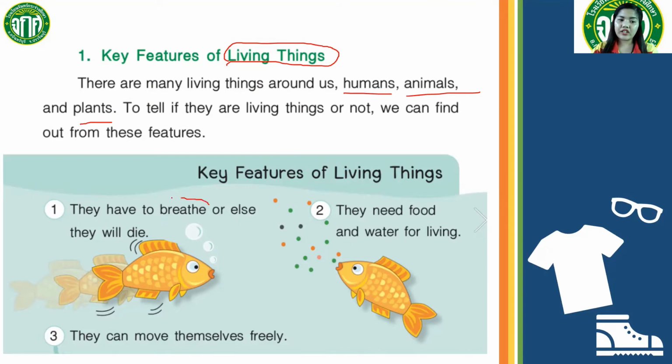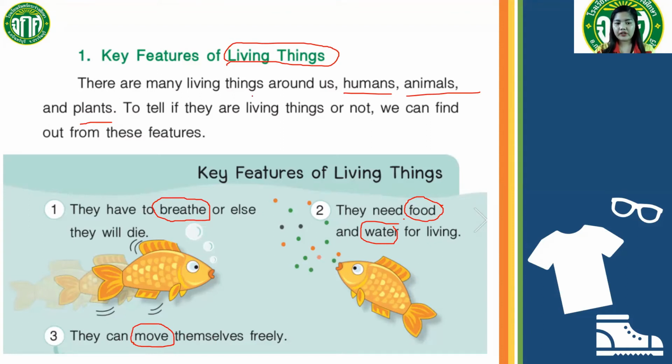Number 2, they need food and water for living. Number 3, they can move themselves freely. So we can dance, we can walk, or we can swim.